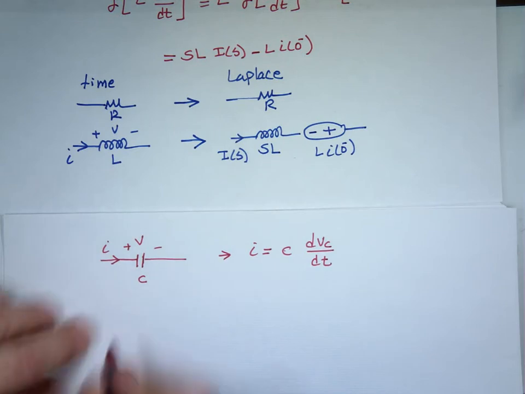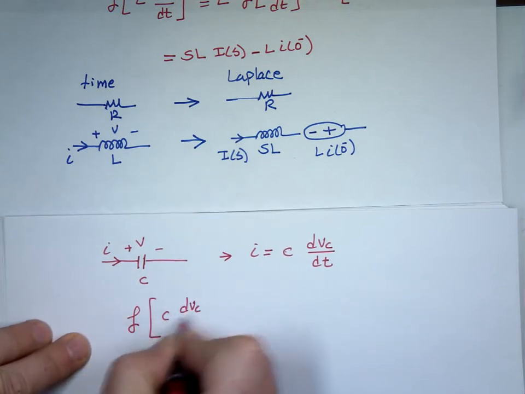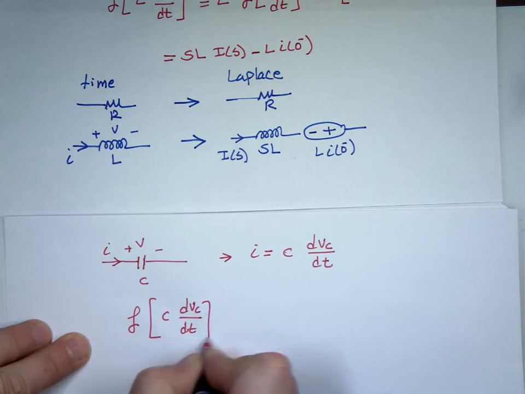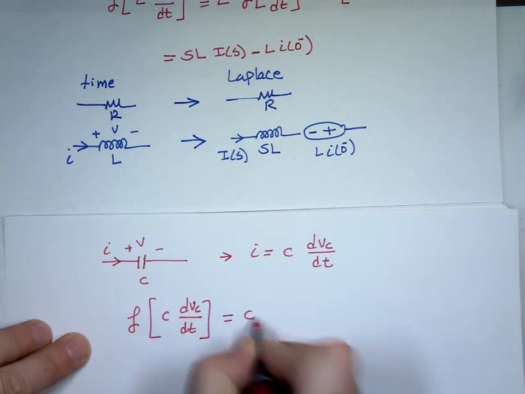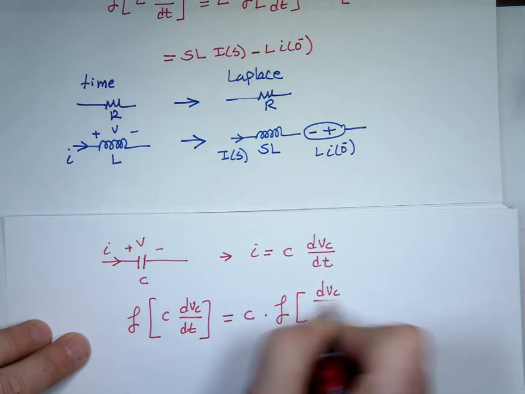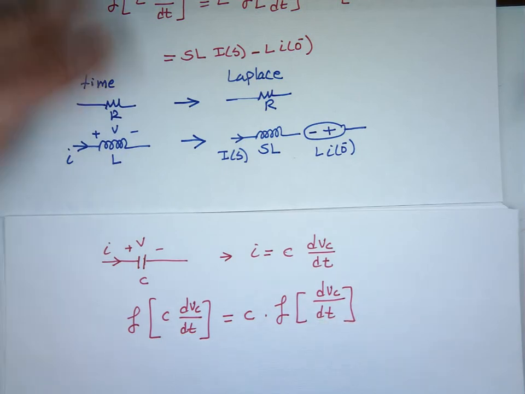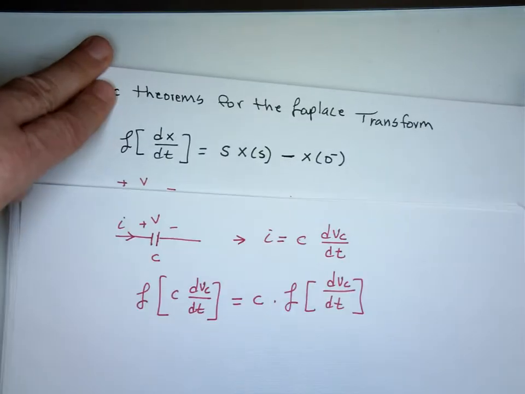So the Laplace of that is we take C outside times the Laplace of dVc dt. And we know the answer to that one. That's from the top equation today. It's this one.